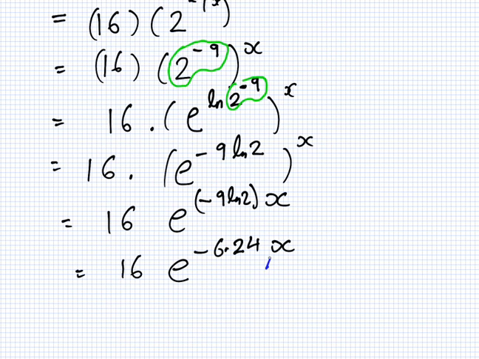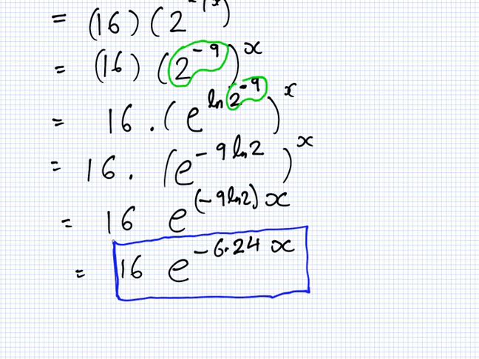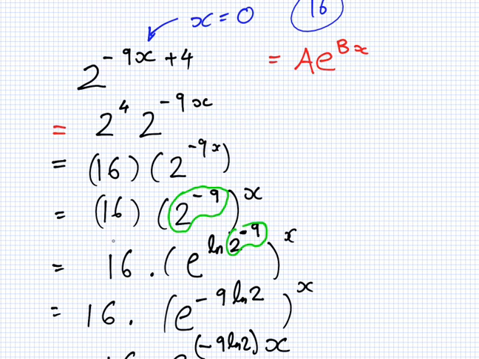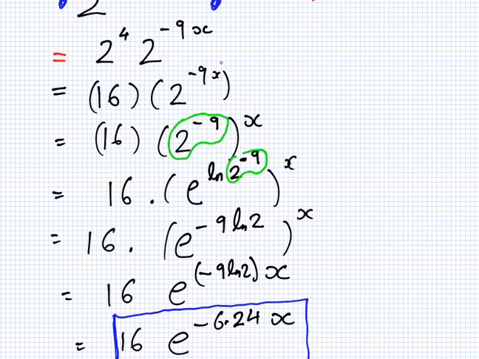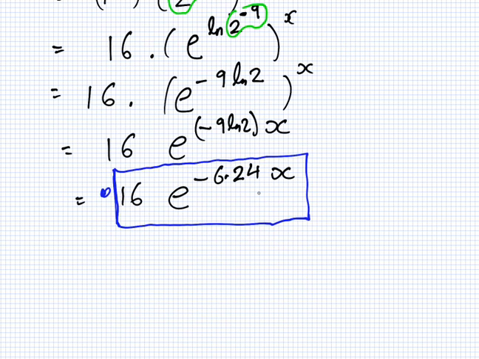If you put in x equals 0 here, you also get 16. So they're exactly the same, but this form is more convenient to us, and this will become more important later in the semester when we do calculus, and then in semester 2 as well. It's an important skill to be able to change something that looks like this into something more usual like this.